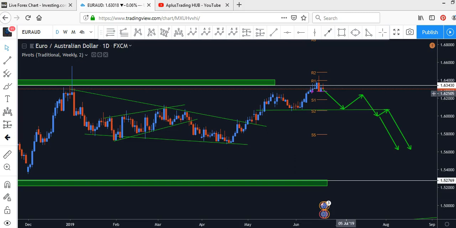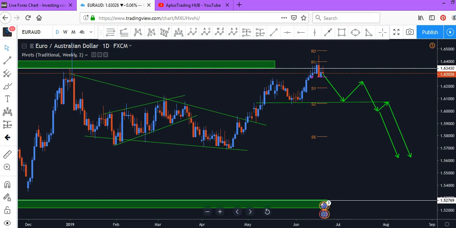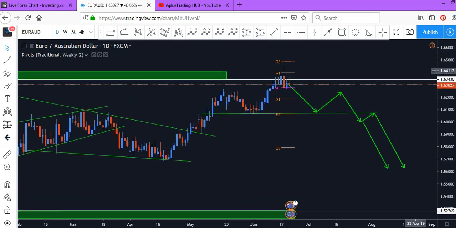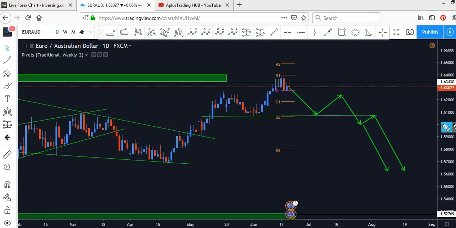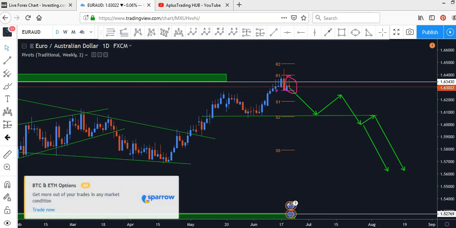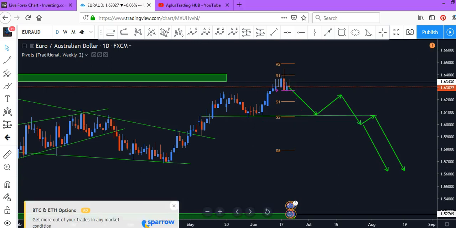The main pivot level. So, for example, if today's candle closes the way it is, like a bearish pin bar, this is good for a sell. You sell it all the way down to the support two of the pivot level, which will now serve as the neckline of the head and shoulders pattern. I hope you are following me.